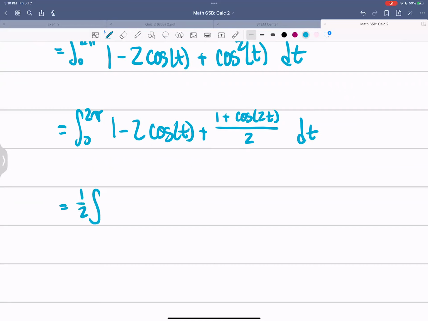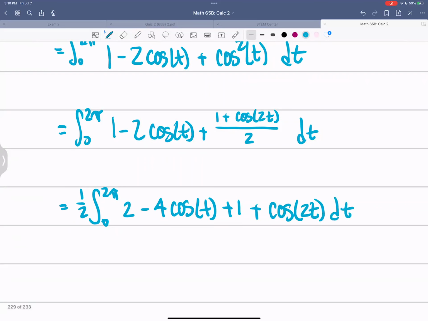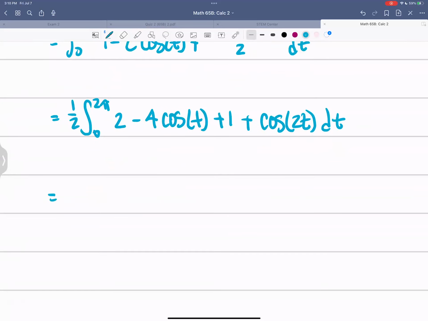So when we pull it out, we end up pulling it out with the entire equation. So that's going to be 2 minus 4 cosine t plus 1 plus cosine 2t dt. Clean it up one more time before we integrate.